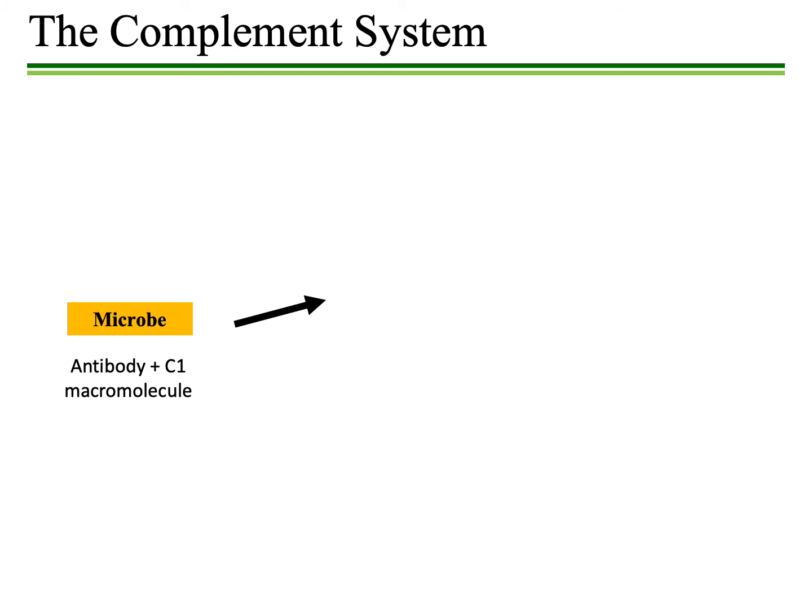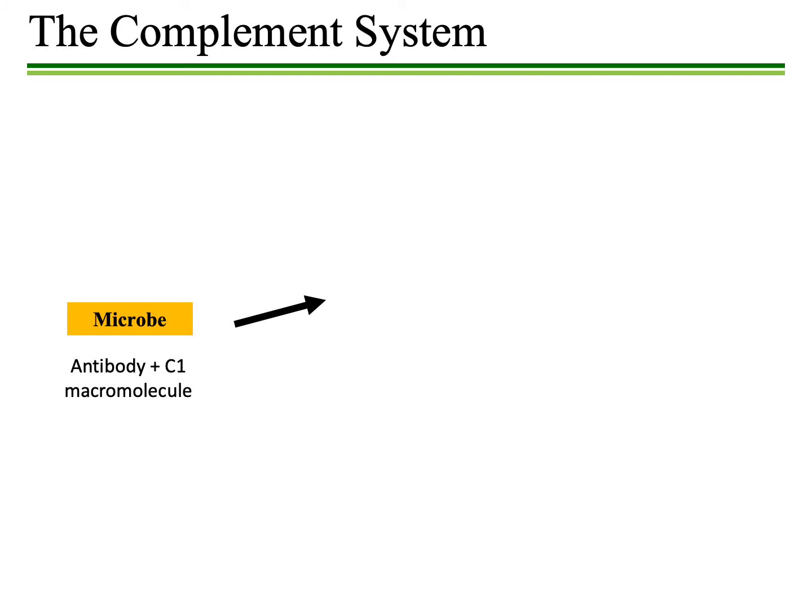Once that recognition occurs with the antibody as well as the C1 macromolecule complex, and we'll look at that macromolecule complex in just a minute, both antibodies and complement system components, specifically known as the C1 macromolecule, interact with each other to recognize the microbe and trigger a series of events in a signal transduction cascade.